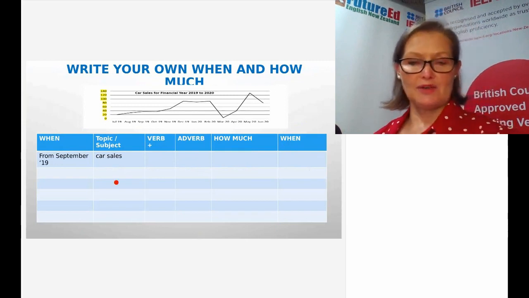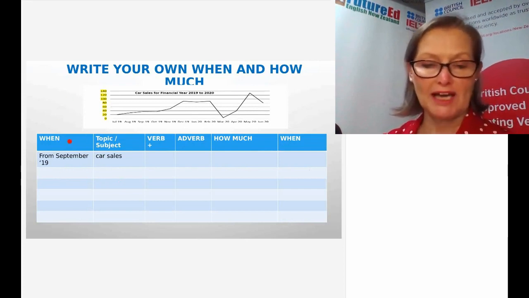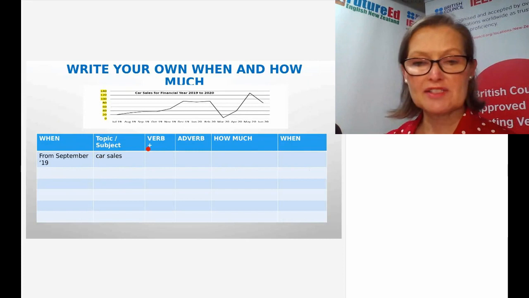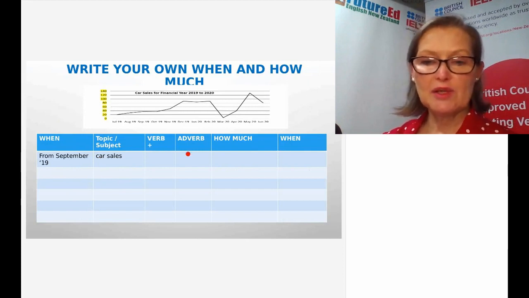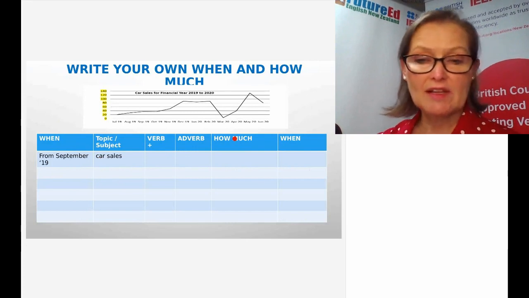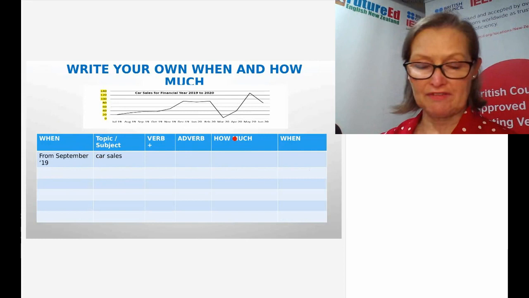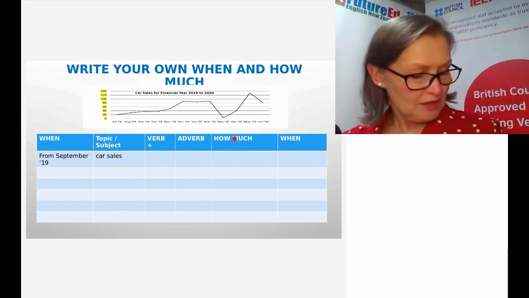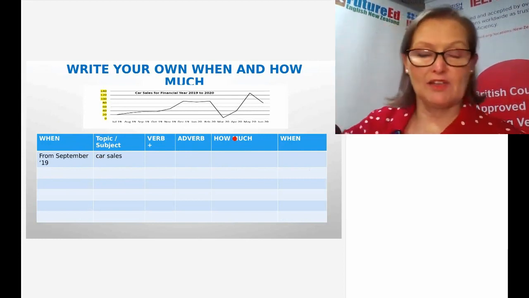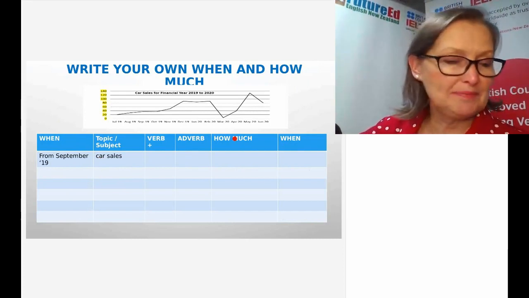Good. So now practice writing some of your own sentences, and start from September 19, car sales, and then still using verb and adverb structure, sentence structure number A, move into how much did they change and when did the figures change. And I'll give you 2 to 3 minutes to write sentences like those ones.